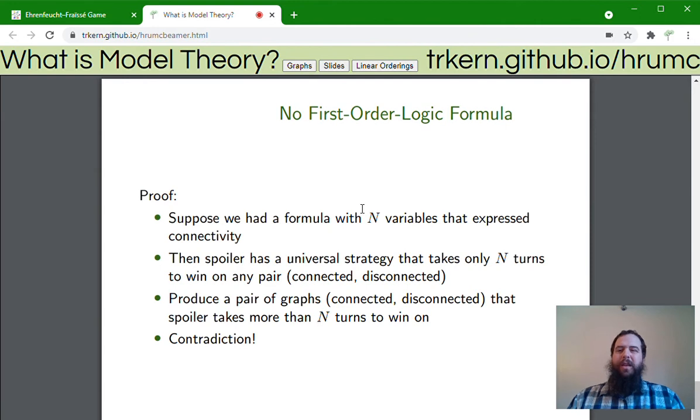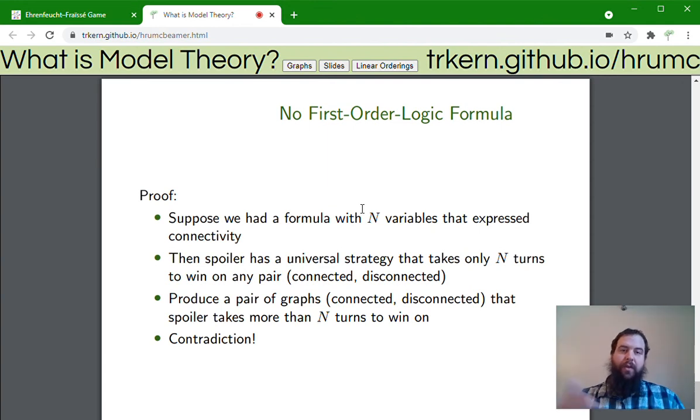It's worth noting that the first order theory of graphs is actually quite boring, but a lot of the tools that I've talked about here are applicable to all sorts of structures. So linear orderings, groups, rings, fields, any sort of structure that you might want to talk about, you can reason about the first order logic of that structure using some sort of modified version of the Ehrenfeucht-Fraïssé game.